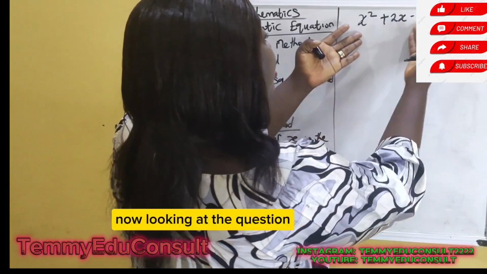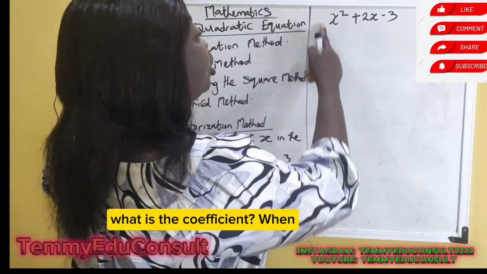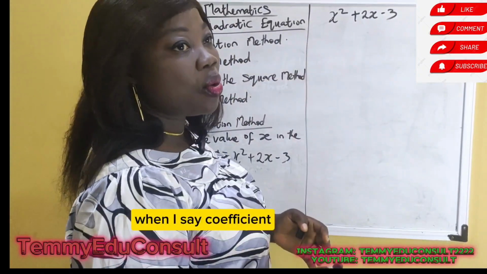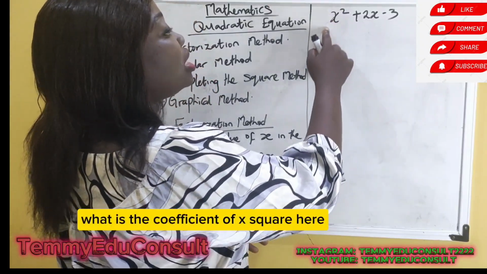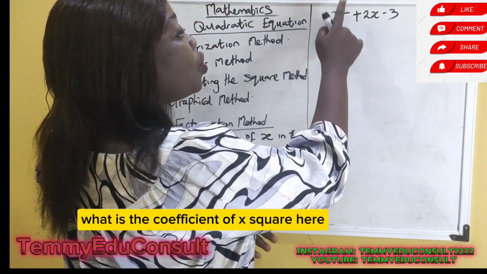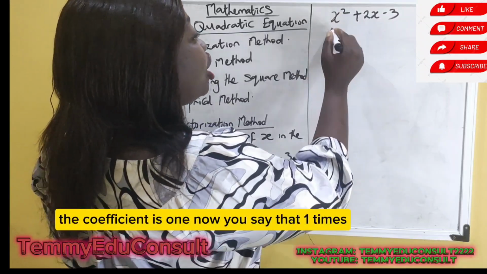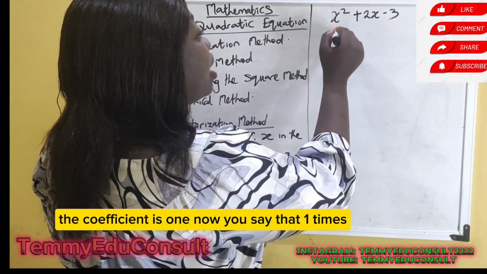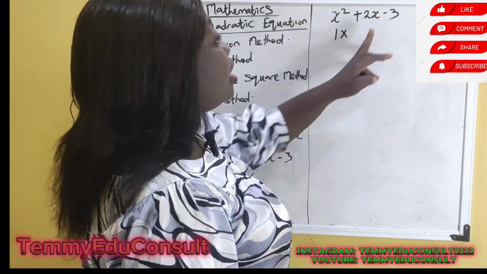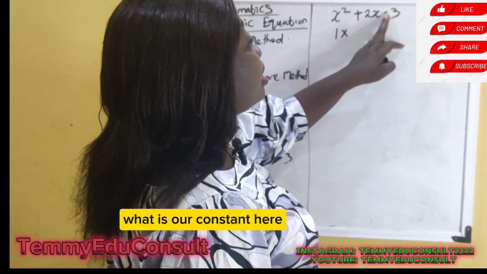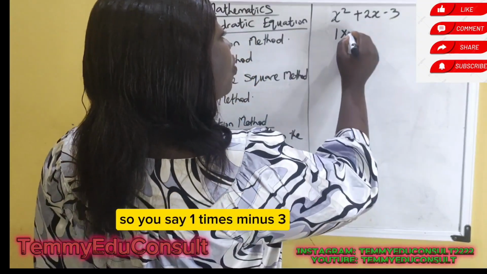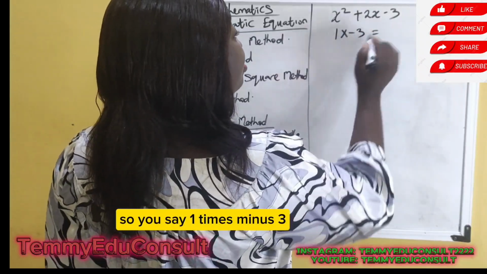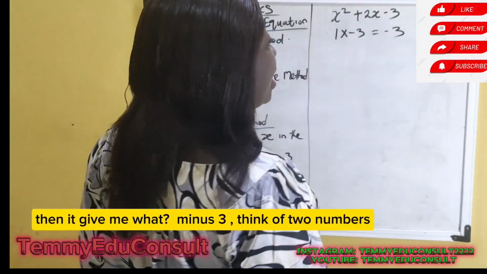Now, looking at the question, what is the coefficient? When I say coefficient, I mean the number standing in front of the alphabet. What is the coefficient of x squared here? The coefficient is 1. Then you say 1 times, what is our constant here? Our constant here is minus 3. So you say 1 times minus 3, that will give me what? Minus 3.